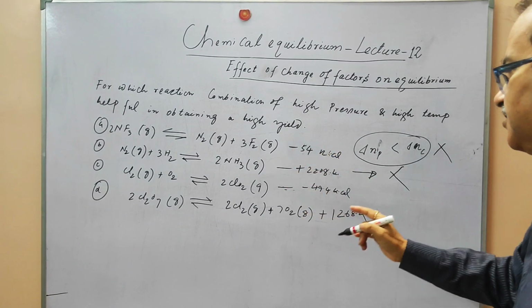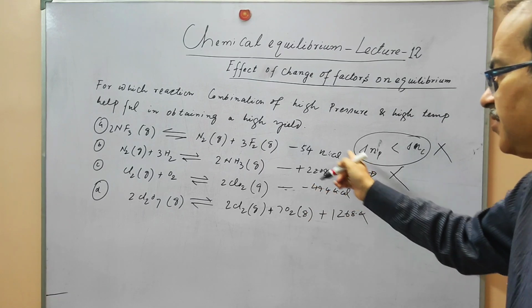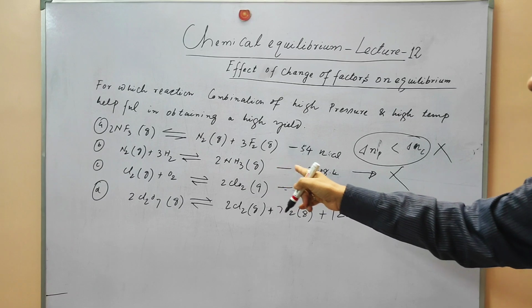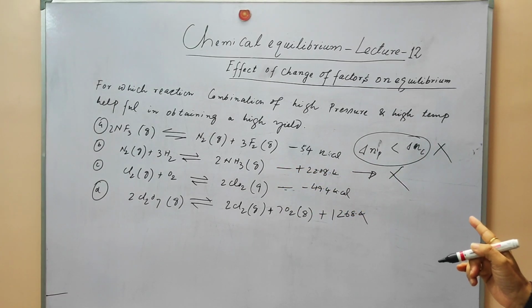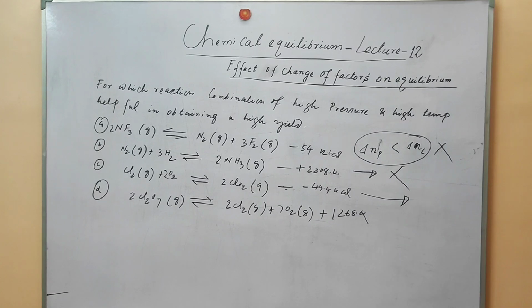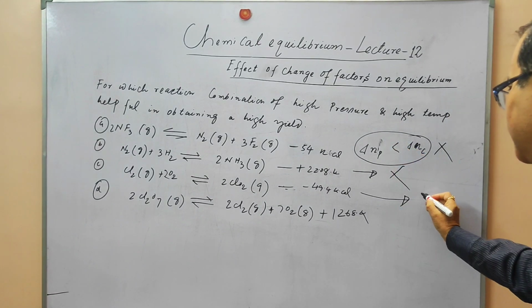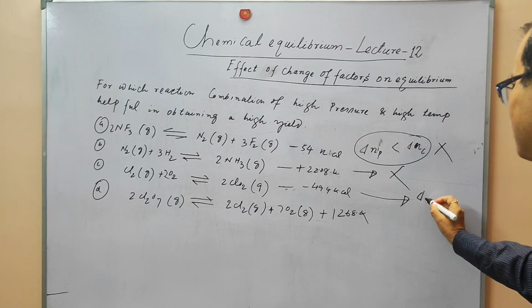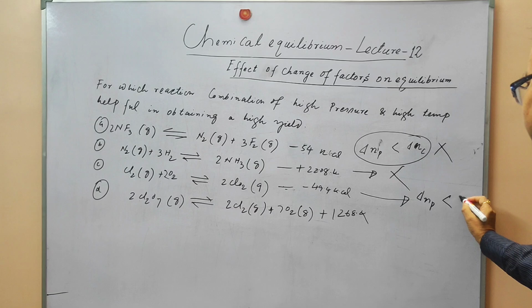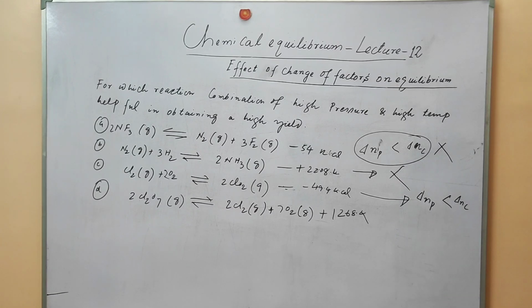For this reaction, you can see it is an endothermic reaction, and you can also see that the number of moles of product is less than the number of moles of reactant.